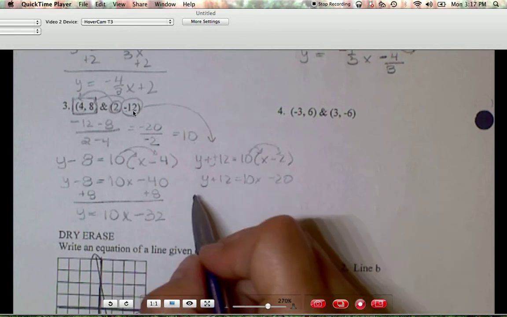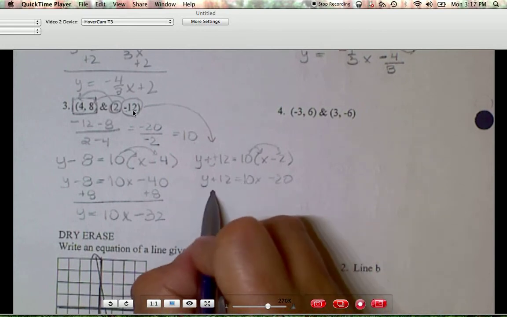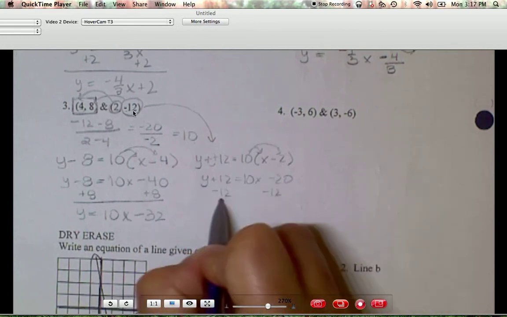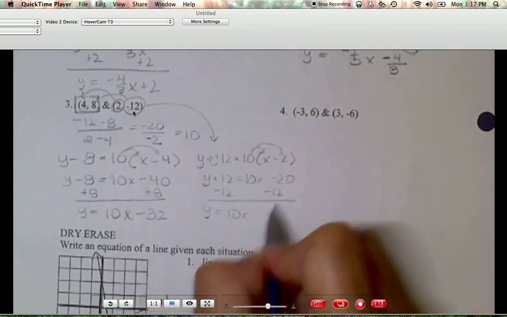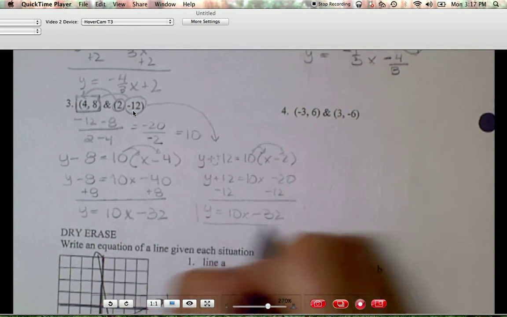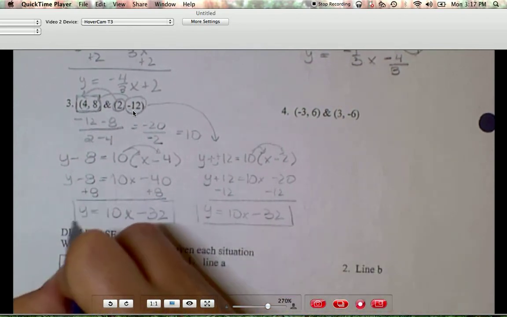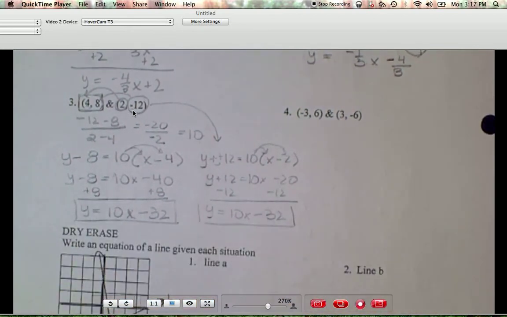So it looks different. However, when you subtract 12 from both sides, we get y equals 10x minus 32. So it doesn't matter which point you choose. That's why we just choose the one that seems the easiest. So whichever point you chose.